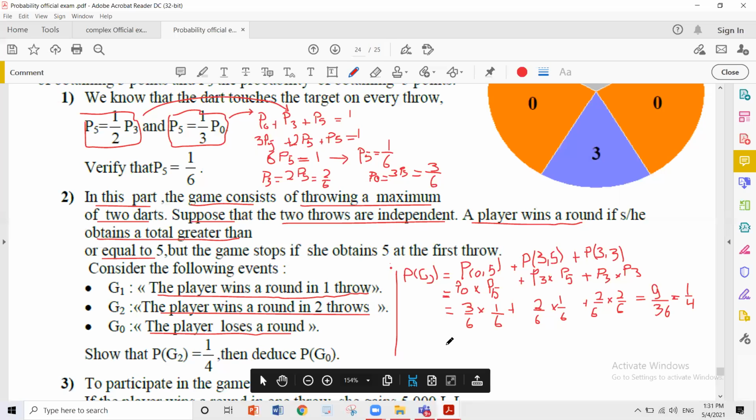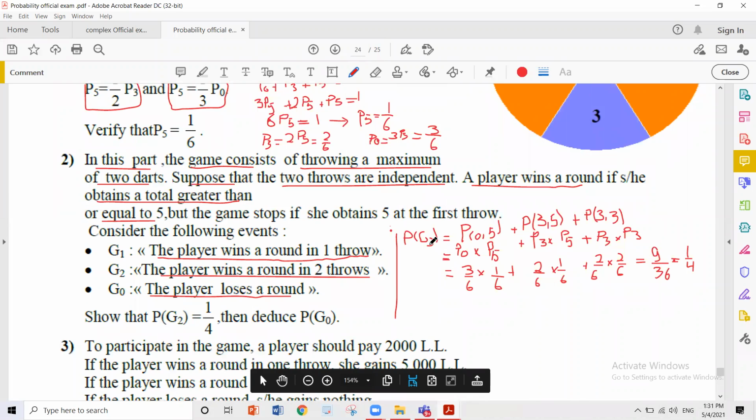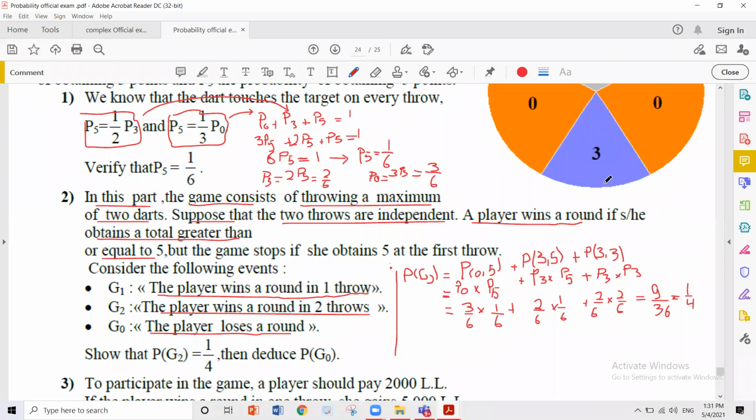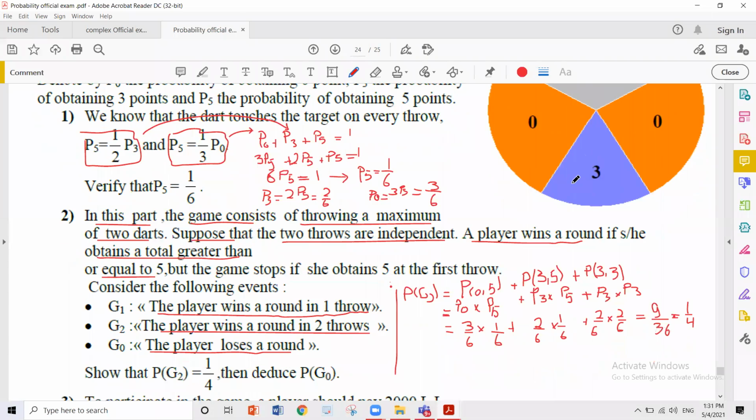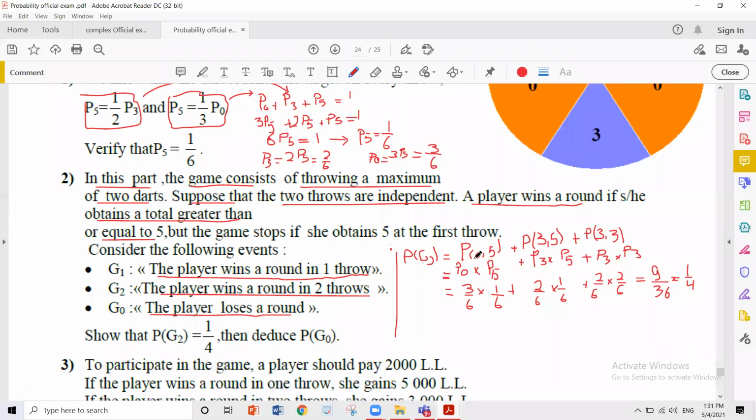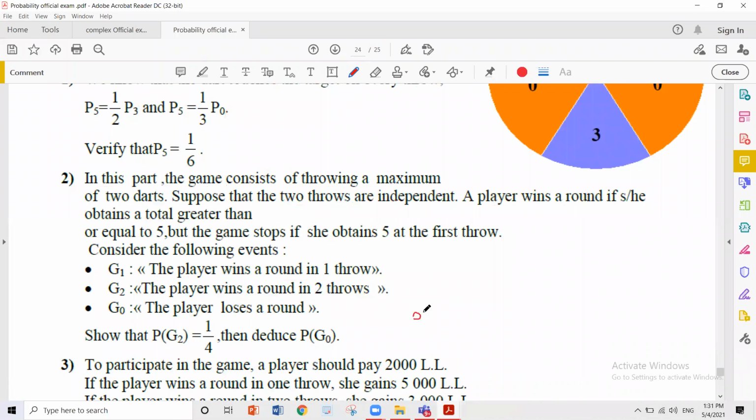Deduce P of G0. How to deduce P of G0? You can say 0 and 0, 0 and 3, and 3 and 0, but you didn't deduce here, you calculated. We do 1 minus P of G2.